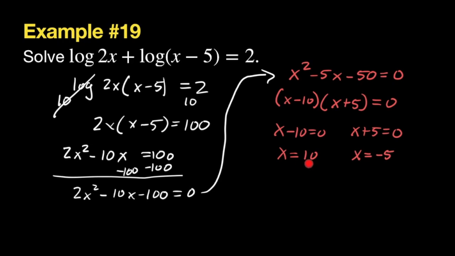But if you plug in 10, you actually get a number. So we know that negative 5 cannot be an answer because we cannot compute logarithms of negative numbers, but it can compute positive ones. So if you put in 10, you will get that the expression will equal 2.